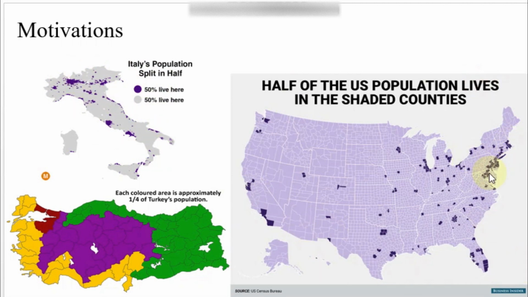The darker regions are the areas where half of the population of the country live. So here we can see Turkey. So here the population of Turkey is divided into 4 equal parts. So each part here of Turkey would represent 1/4 of the population of Turkey.